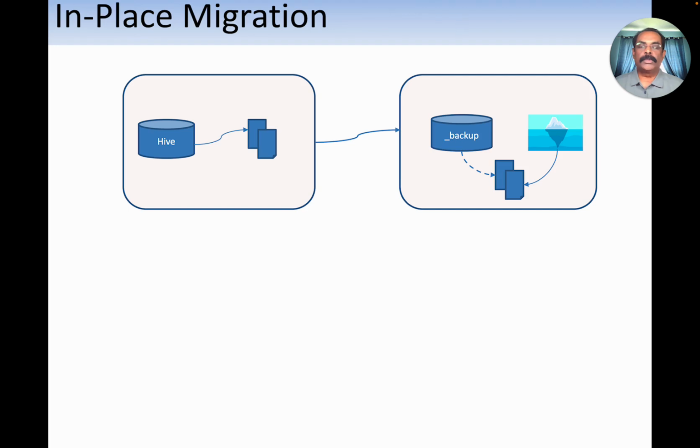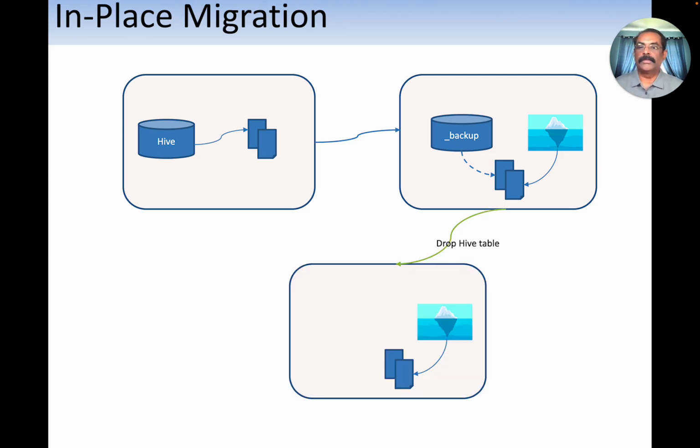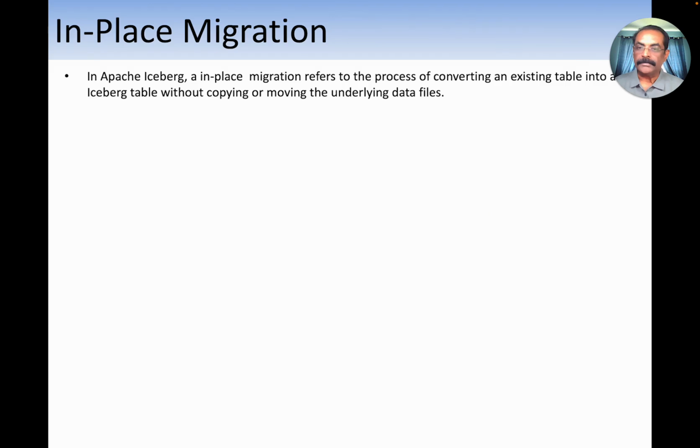Both the backup table, which is in Hive format, and the Iceberg table are connecting to the same file. Then after that, you're going to drop the Hive table. Then your data is converted into Iceberg format. Okay.